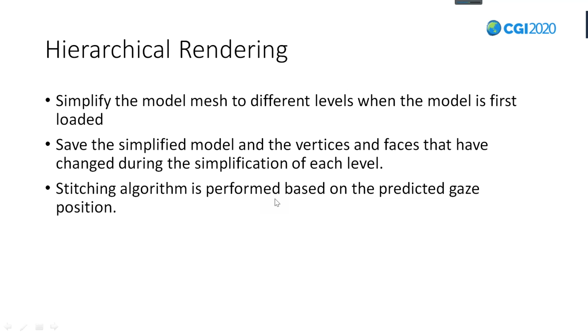During the simplification of each level, we save the simplified model and the changed vertices and faces as resources for our later rendering process. During the rendering process, when the stitching algorithm is performed, based on the predicted gaze position, we organize the original model and the simplified model resources.